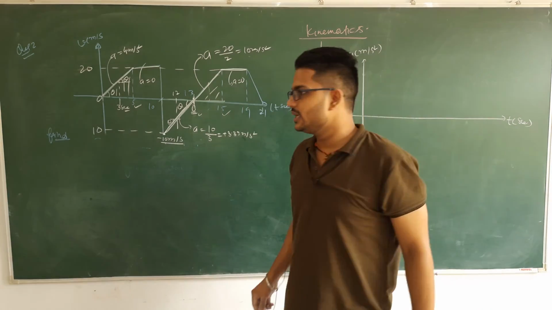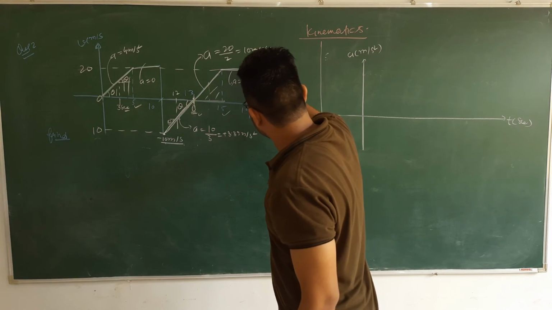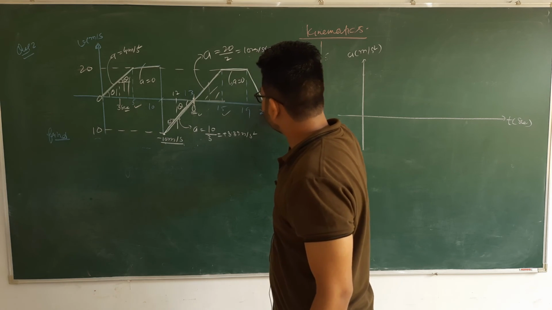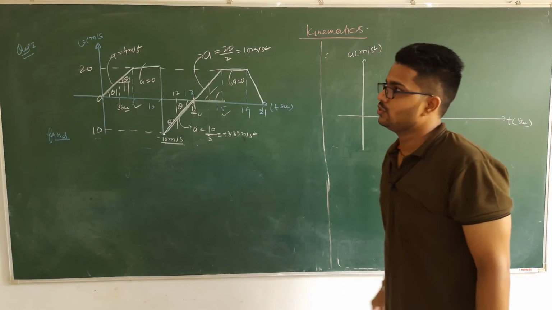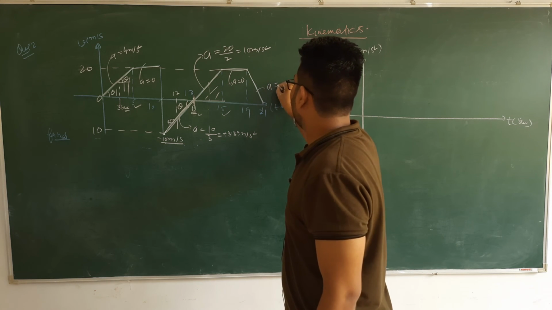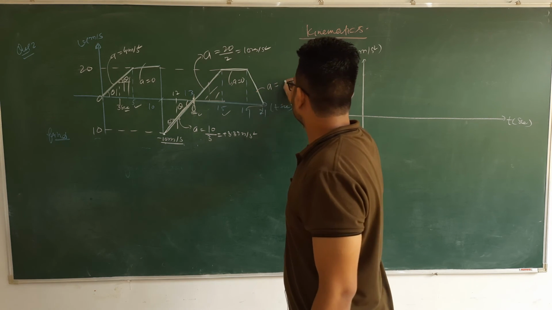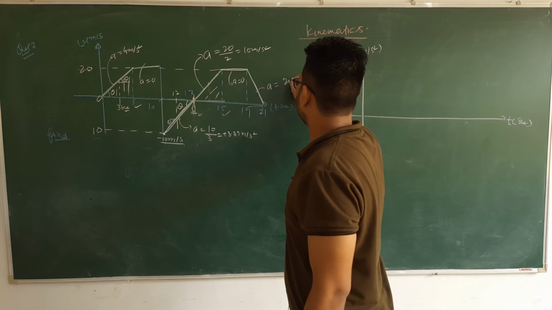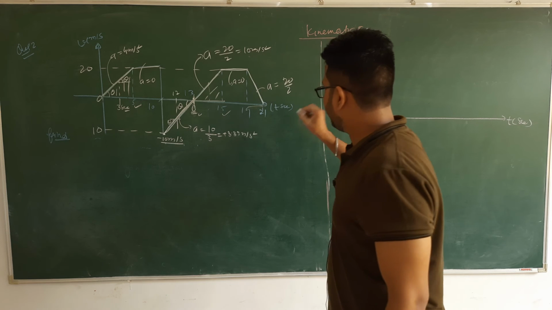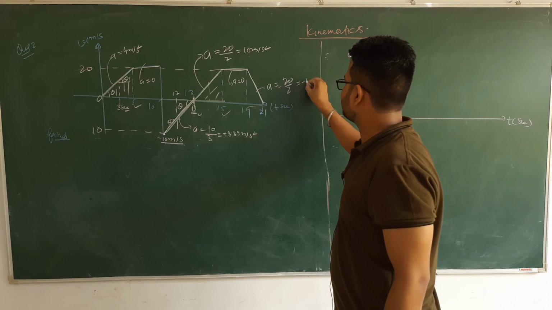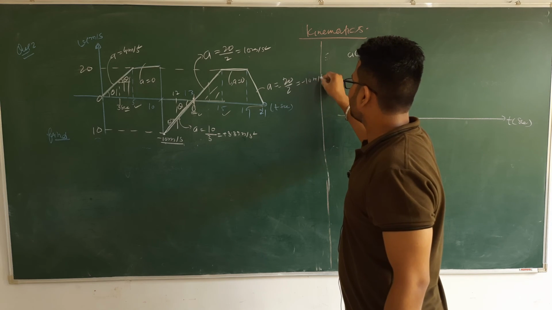Okay, next thing is, what is the acceleration of this one? This one initially velocity is 20 and finally will be 0. So here is retardation. What is acceleration? Acceleration will be 20 upon 2, which is 10. But here is retardation, so we write a negative sign, so minus 10 meter per second square.